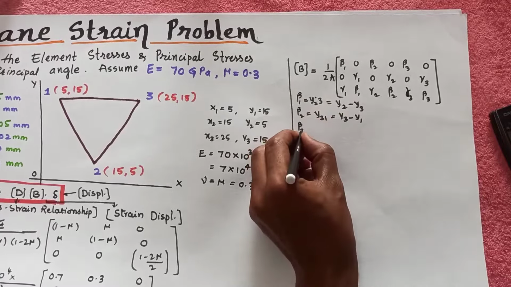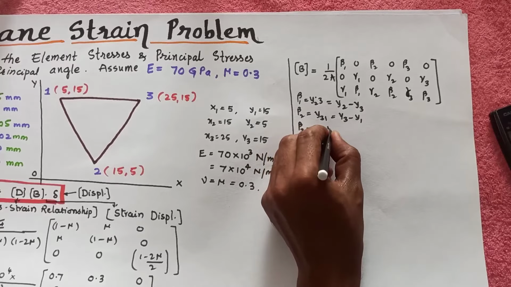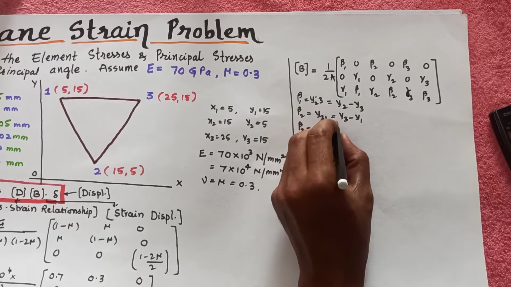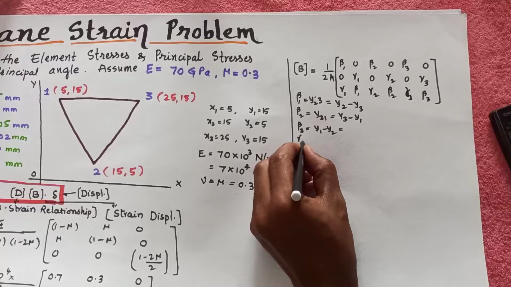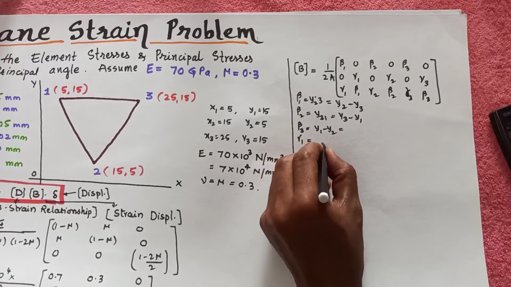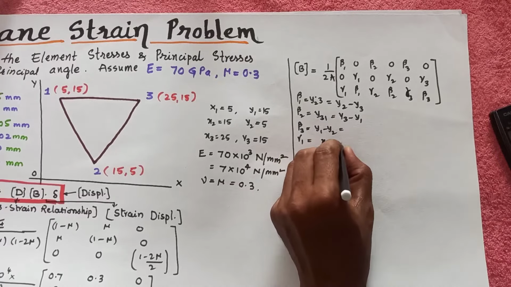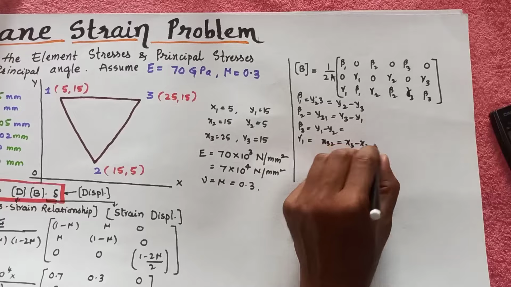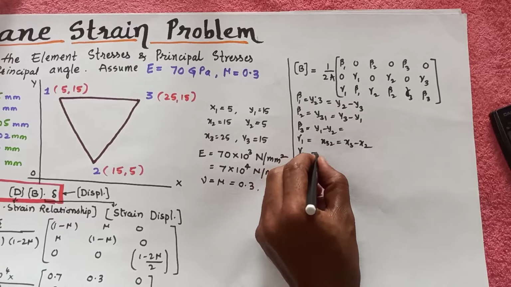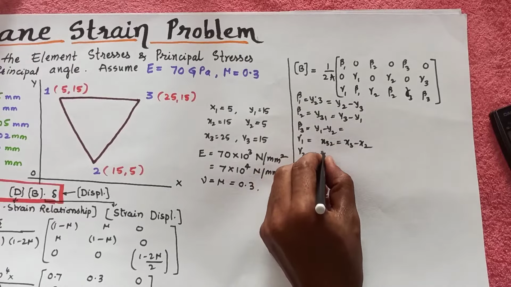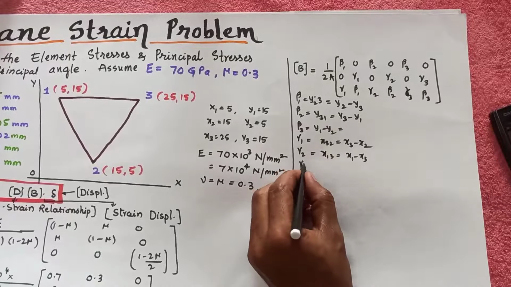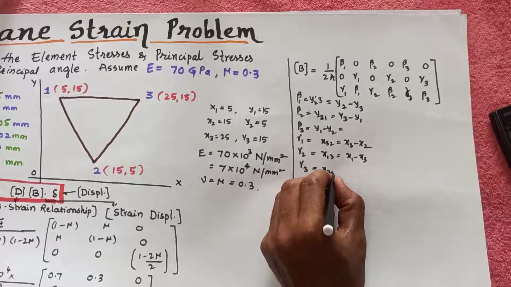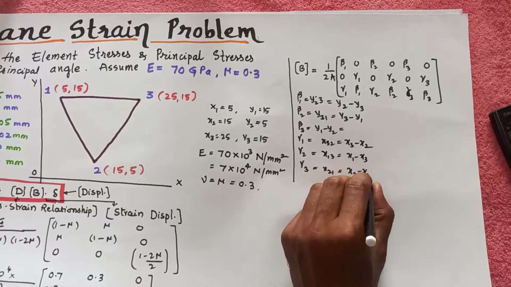Beta 3 is y1 minus y2, that is y12. Next, gamma 1 is x32, that is x3 minus x2. Gamma 2 is x13, x1 minus x3. Gamma 3 is x21, x2 minus x1.